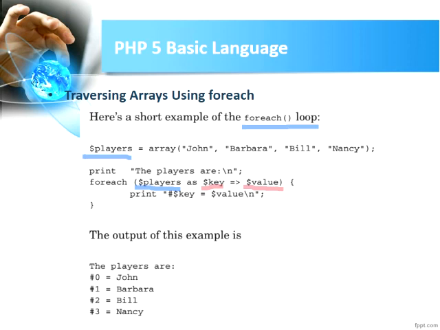After that we will print the key and the value. So the key here, the default is 0 and the value will be John.